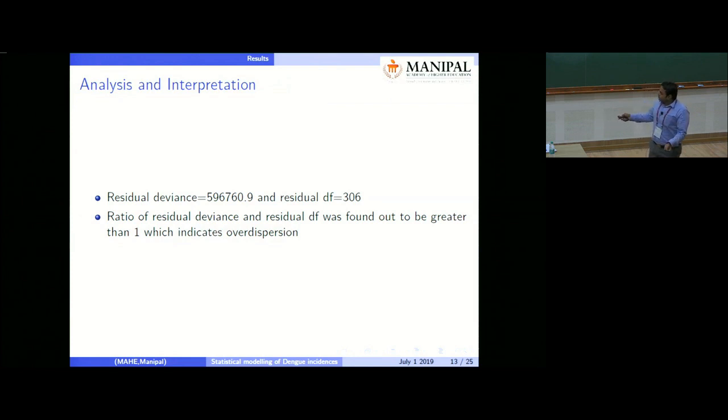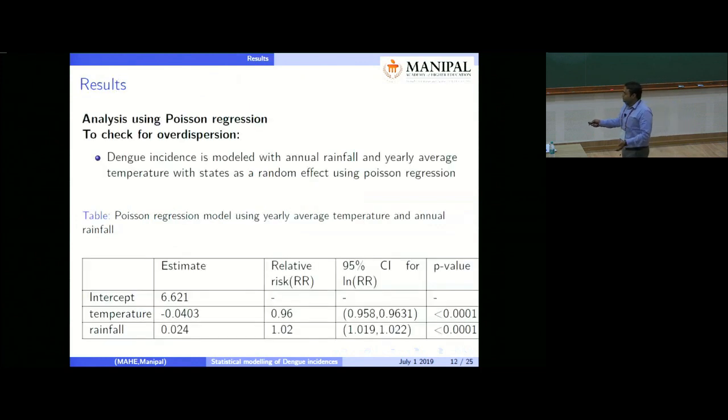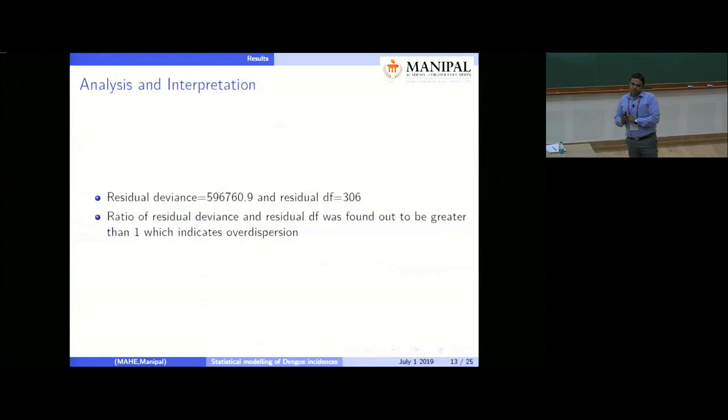If the ratio of residual deviance to its degrees of freedom is more than 1, we can say that there is overdispersion. So whatever results the Poisson model has given are doubtful because there is overdispersion. Because of this, we went ahead and performed a negative binomial regression.